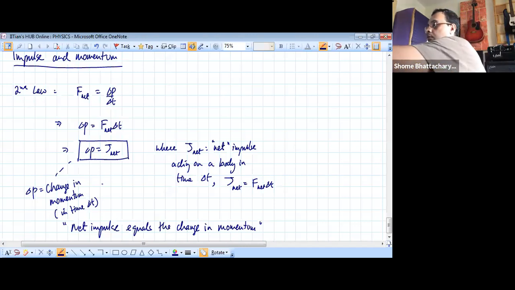Okay, very good. Now we can see some numerical applications based on this concept.